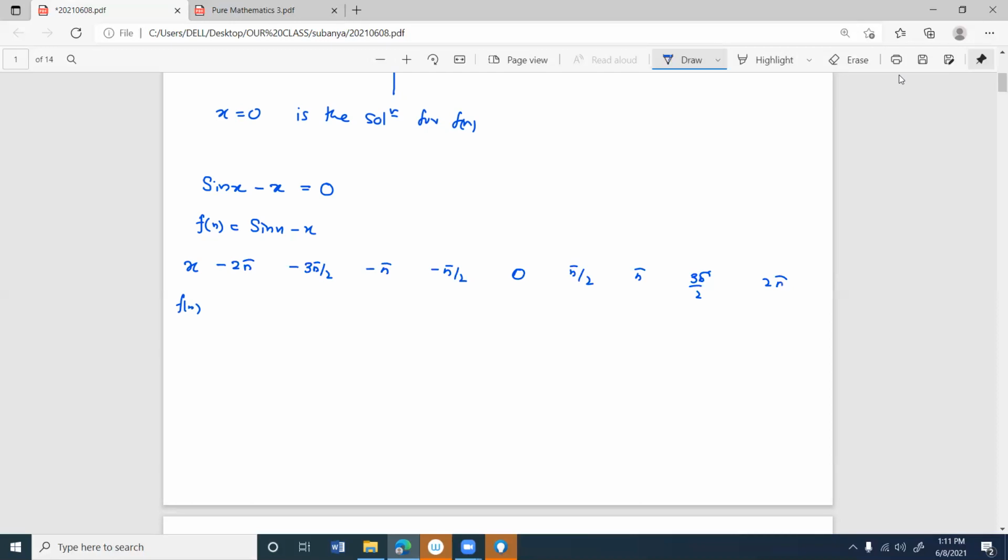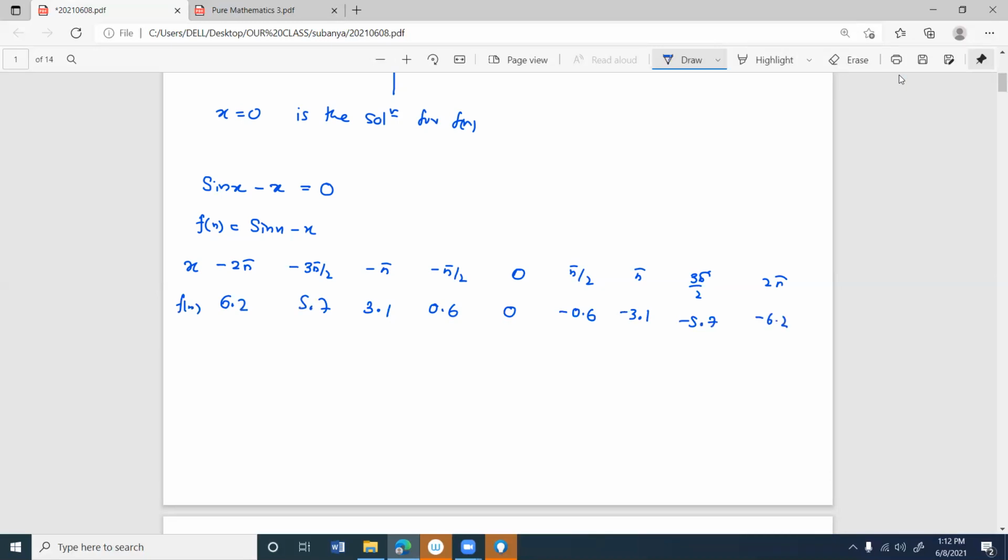The value for minus 2 pi is 6.2. This is 5.7, 3.1, 0.6, 0, minus 0.6, minus 3.1, minus 5.7, and minus 6.2.